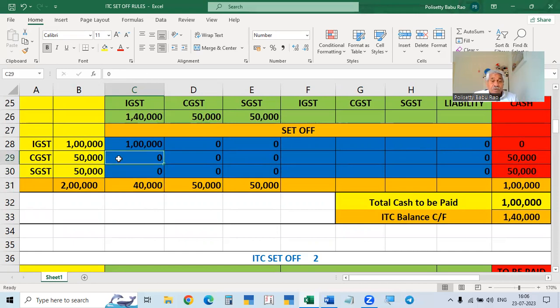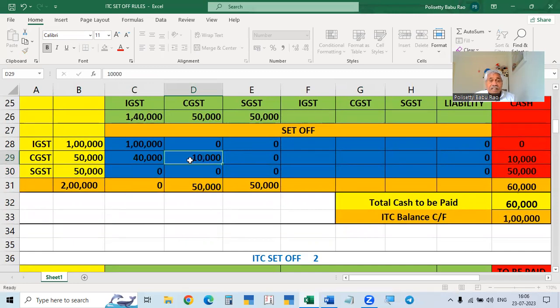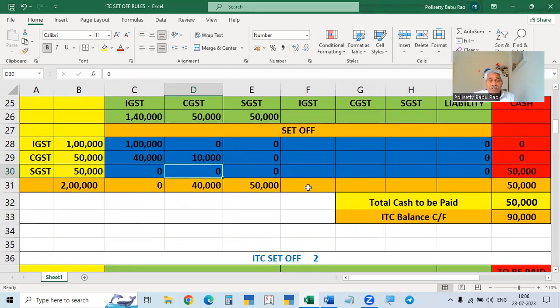What the portal will do directly, it will adjust the 40,000 in any order. So in the portal, out of 50,000, 40,000 will be adjusted against 50,000. There is still some balance, so from the CGST it will adjust 10,000. So the balance, that is liability, will be 0. This is over.